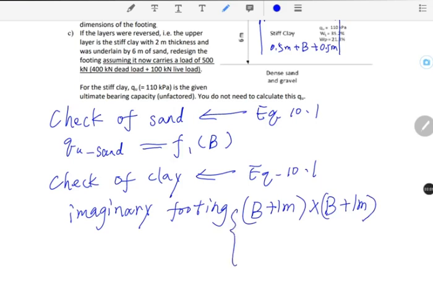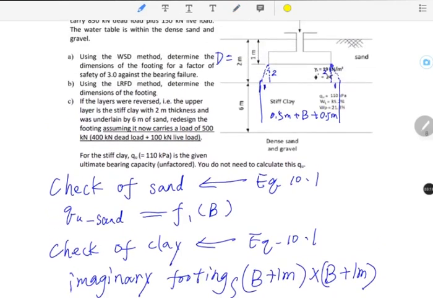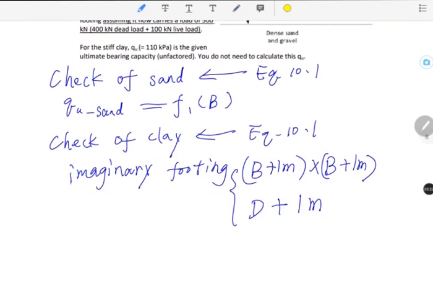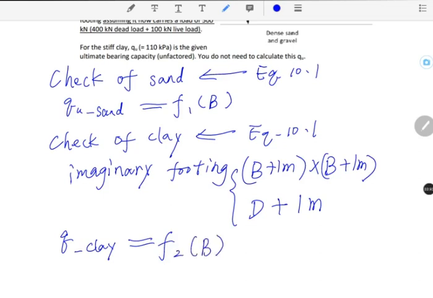And the embedment depth is D plus 1 meter. And then B and D are the original dimension and embedment depth of the footing. So we can write Q clay as a function of B, F2B.